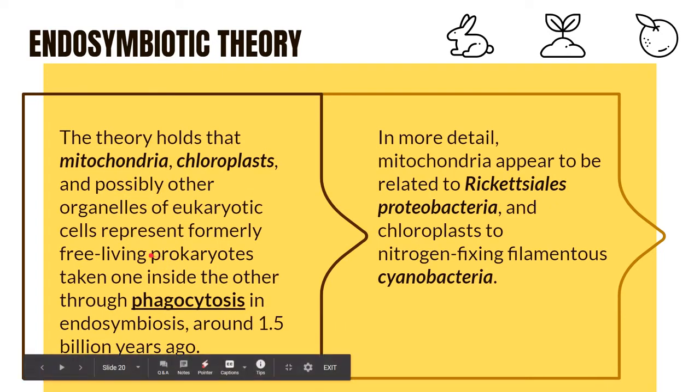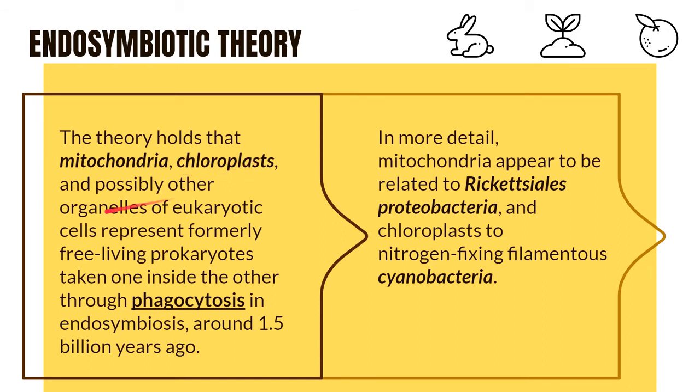The endosymbiotic theory tells us that the organelles mitochondria and chloroplast, as well as other organelles, used to be free-living prokaryotes. They used to be separate organisms from a eukaryotic cell. However, they were taken into a cell through the process of phagocytosis.